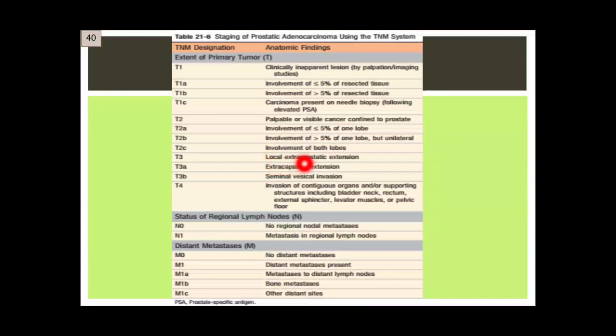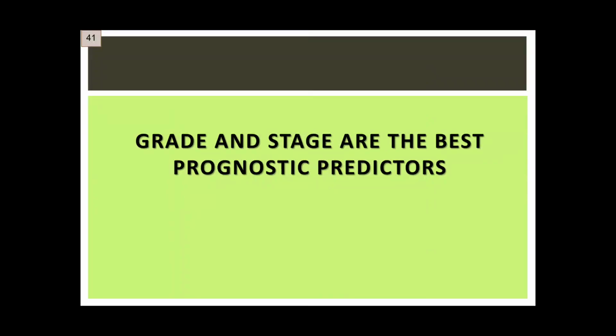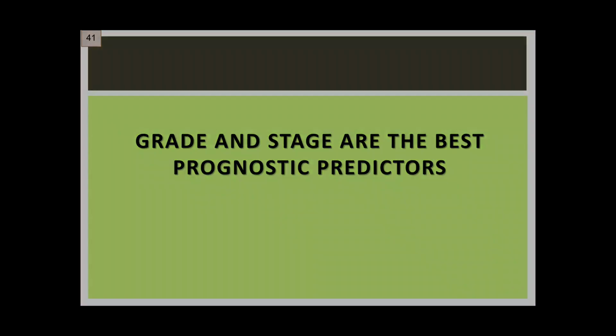And in the third stage, there is local extraprostatic extension to the adjacent areas. And in T4, there will be invasion of the contiguous organs, supporting structures, including the bladder neck, rectum, external sphincter, levator muscles, or pelvic floor. So this is the staging of prostate, and grade and stage, they are the best prognostic predictors for prostatic adenocarcinoma.